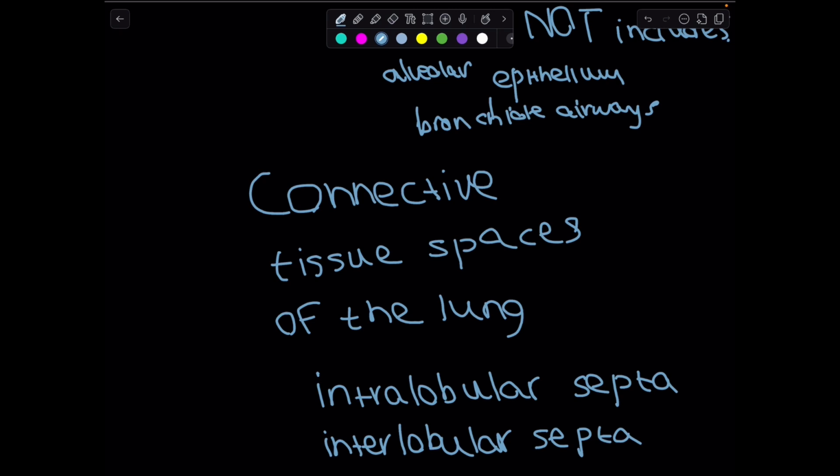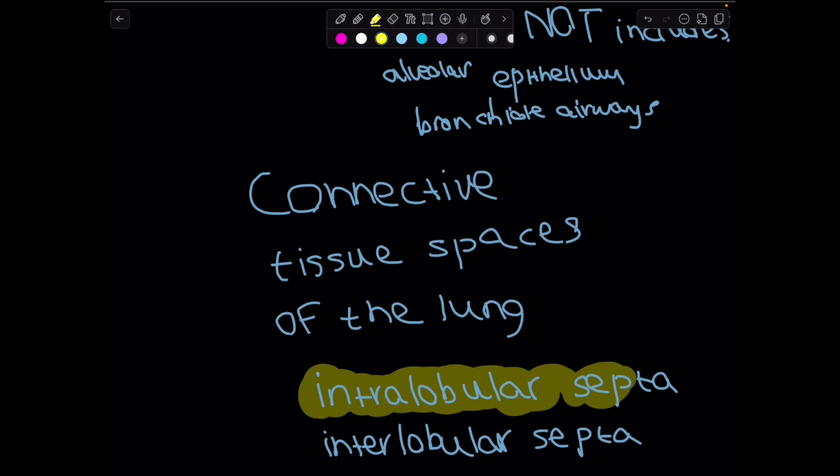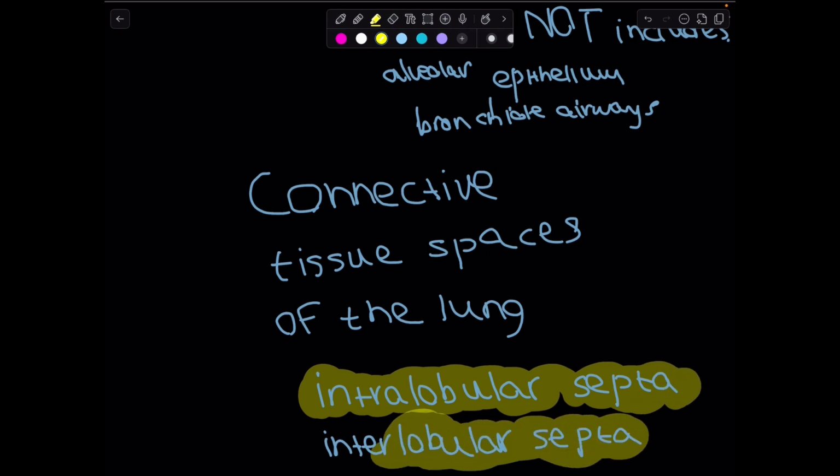In ILD, inflammation or fibrosis here stiffens the lung, reducing oxygen diffusion. Interlobular septa: these thicker connective tissue partitions separate lung lobules, housing larger blood vessels, lymphatics, and veins. ILD-related scarring in these septa can cause traction on airways, worsening breathlessness. In ILD, both septa types can thicken due to fibrosis or inflammation, unlike the coronary artery issues in ischemic heart disease.